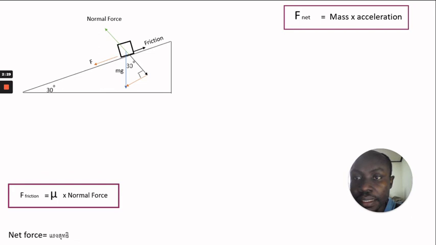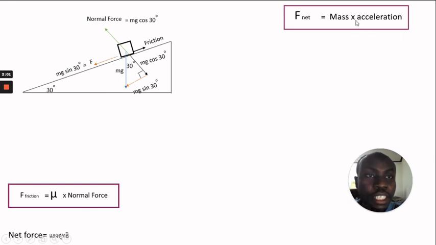We know this angle is also 30, the same as this angle, and this side is mg cos 30, this is mg sine 30. The normal force will be equal to mg cos 30, and the force which is helping it to move is equal to mg sine 30.